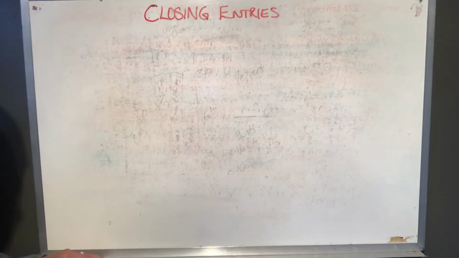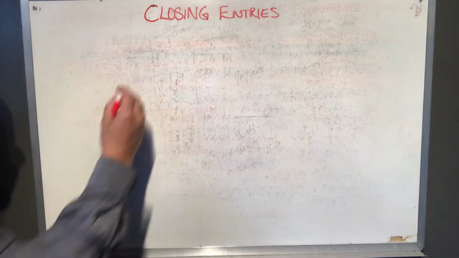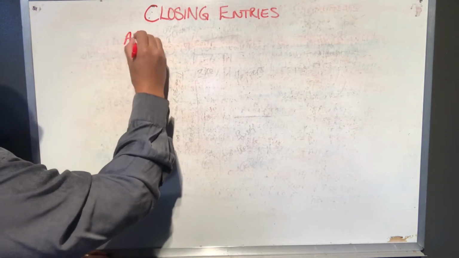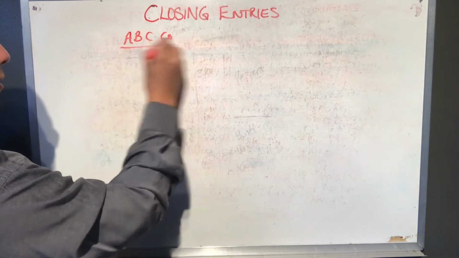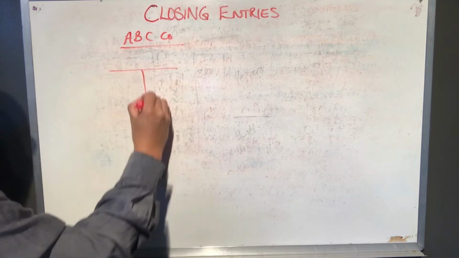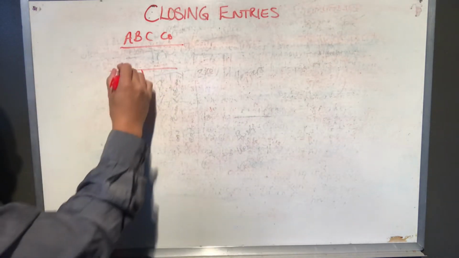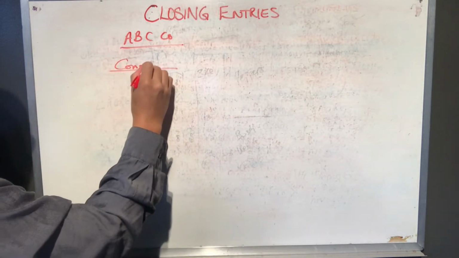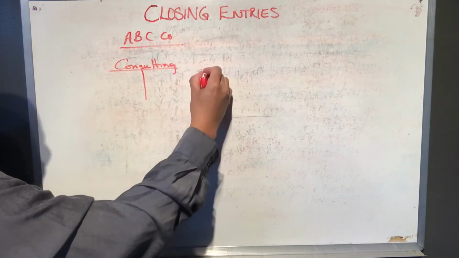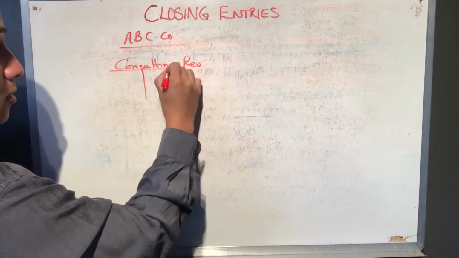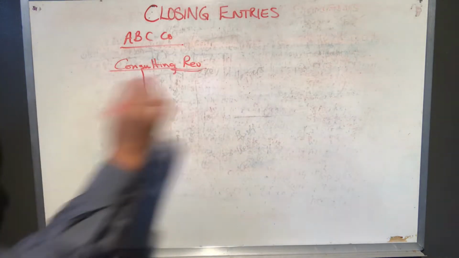So an example here, let's say for example ABC Company. Strictly speaking about revenue, there's consulting revenue that they have, and they have rental revenue as well.